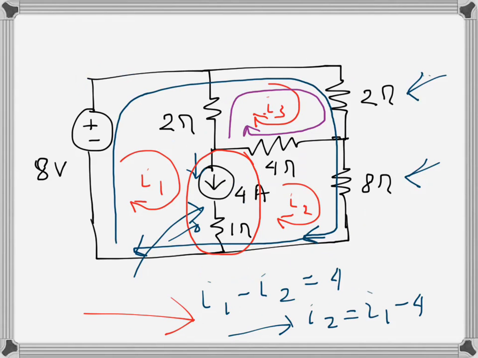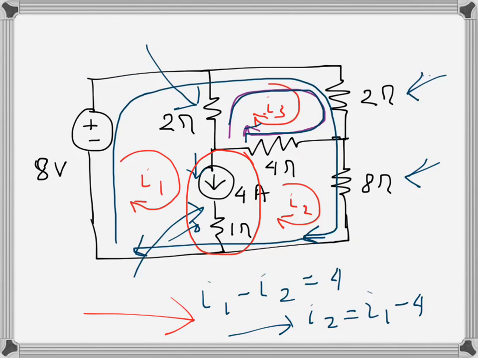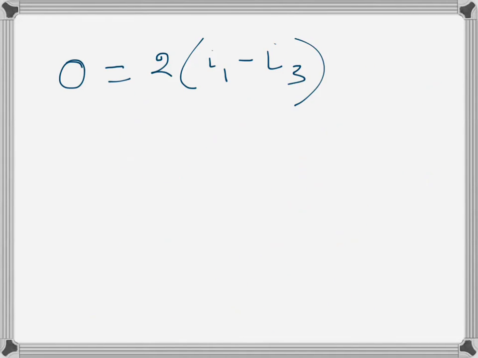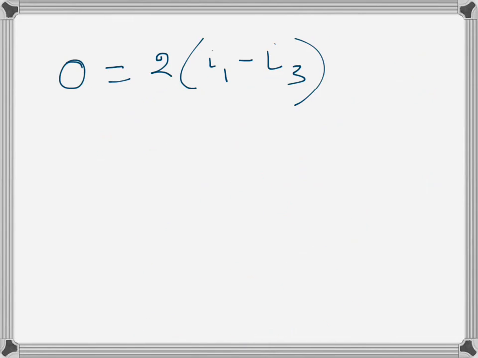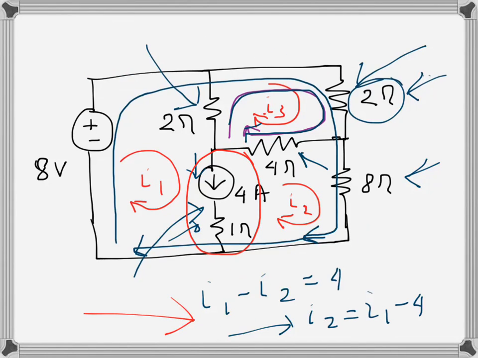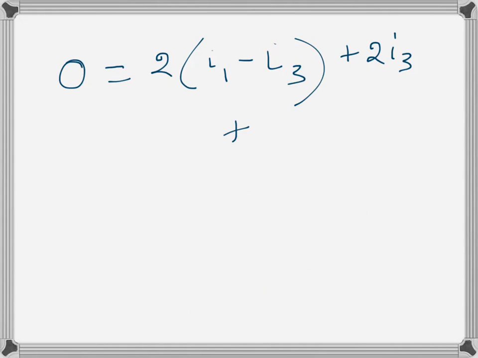Now we can write the other equation, the KVL equation for this inner loop. Left hand side is 0, and then the drop across this 2 ohms resistance, then the drop across these other 2 ohms, that will be plus 2I3, and finally the 4 ohms resistance between I3 and I2, and since I'm going counterclockwise, that will be 4 times I3 minus I2.